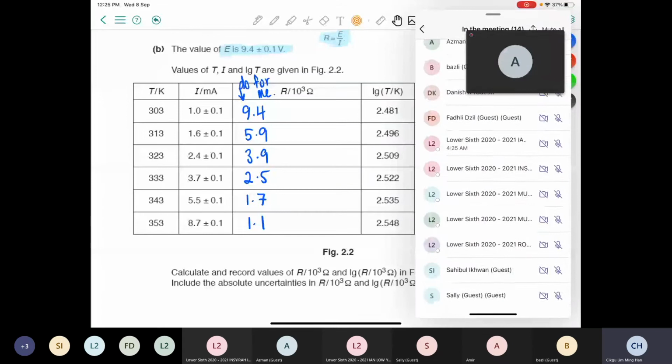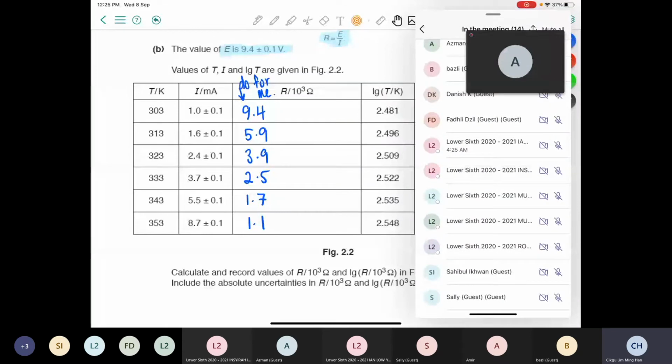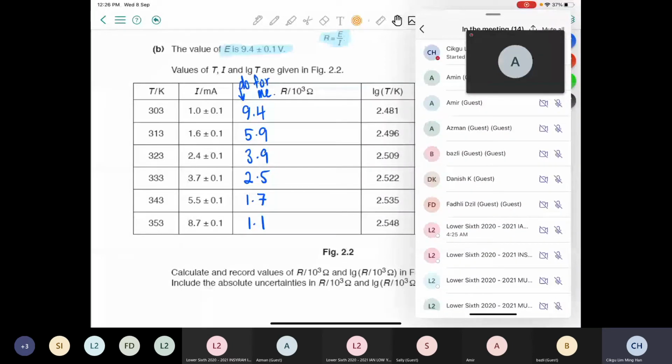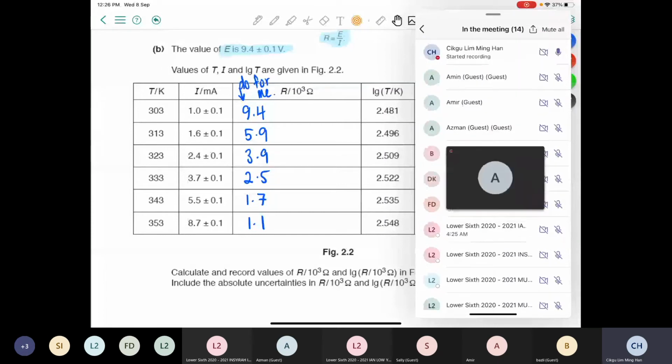Maybe we have Rosiana. Not Rosiana, Danish. Danish J, have you found the uncertainty, Danish J? Not yet, sir. Okay. I asked earlier, Wazir and everyone, Amir already asked. Amin? Not yet, sir, still searching.